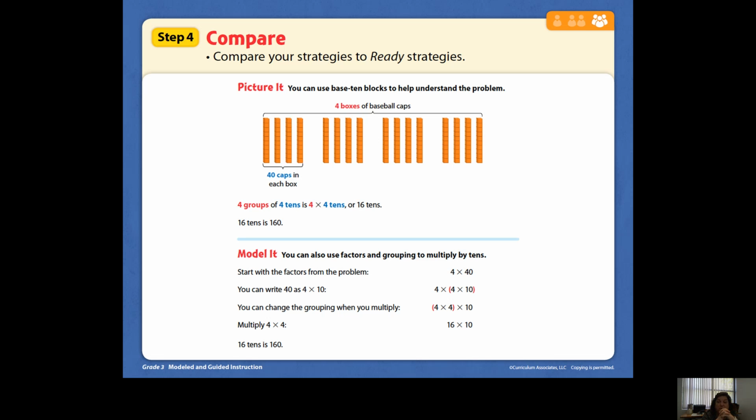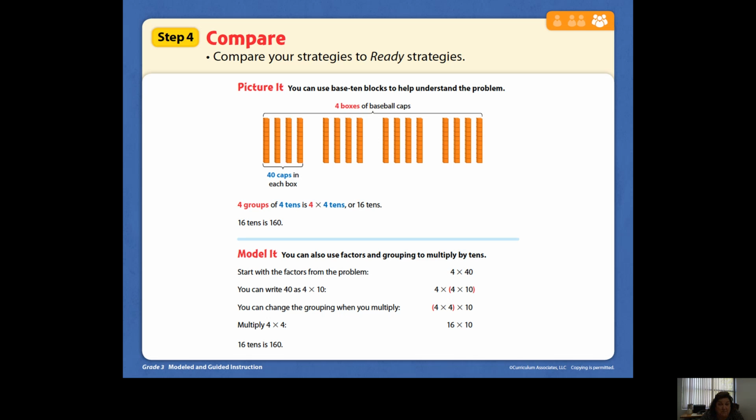But we know because of different properties that those parentheses, when all we're doing is multiplying, can be moved around. Doesn't matter where the parentheses are when you're multiplying, it can just be moved around. So we could say 4 times 4 because we know how to do 4 times 4. We're learning that. And then we can multiply that 4 times 4 times 10.